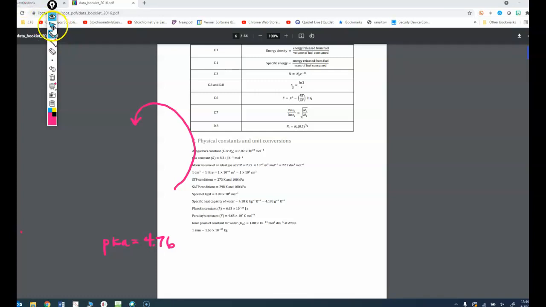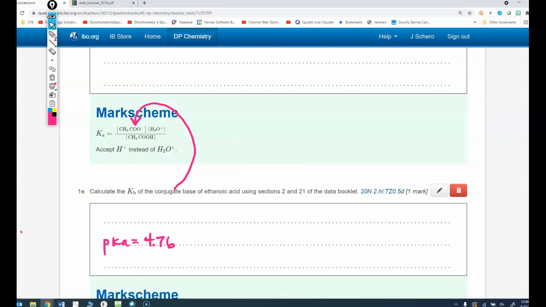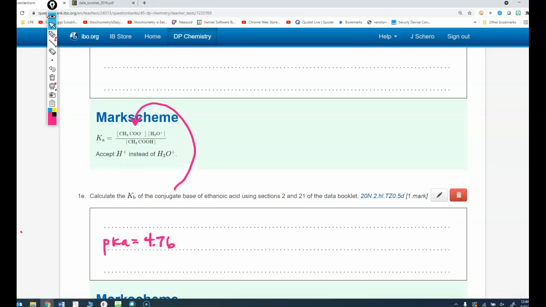So let's move back to our question: calculate the Kb of the conjugate base. If all we have is a pKa, we can calculate the Kb. We could say pKb would be 14 minus 4.76, which gives us 9.24 for our pKb.